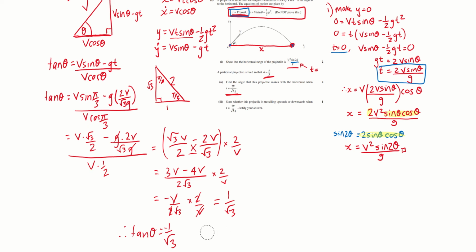So then my angle won't be pi on 6, because if I think about my ASTC, negative 1 on root 3, so you just got to think about in here where tan is going to be negative.